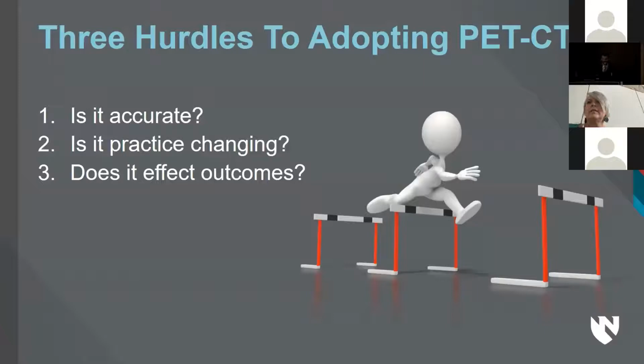So this is going to be how I organize the rest of my discussion today. I'll be presenting some early data that was used to seek FDA approval for flucyclovine PET CTs. And then I'll talk about some of our own data where we've assessed the degree to which these PET scans have changed our practice and changed how we manage these patients. And then future directions, where we're going from here.